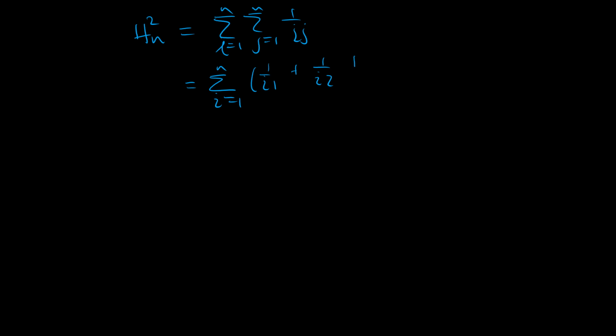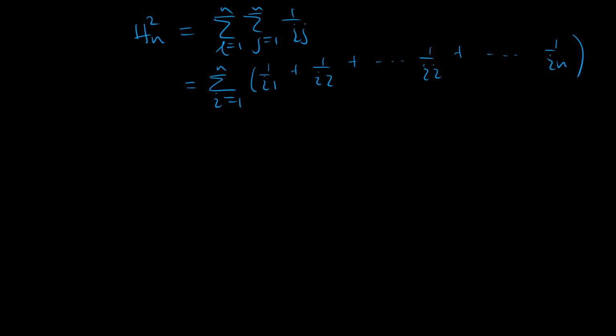We have the square of hn is the same as the sum of 1 over ij, and we could say that this is the same as i1 plus i2 plus ii plus up to in.